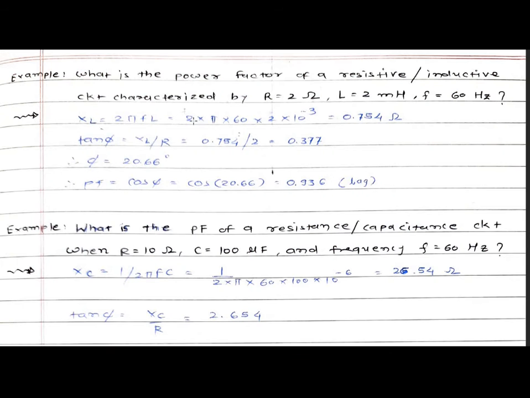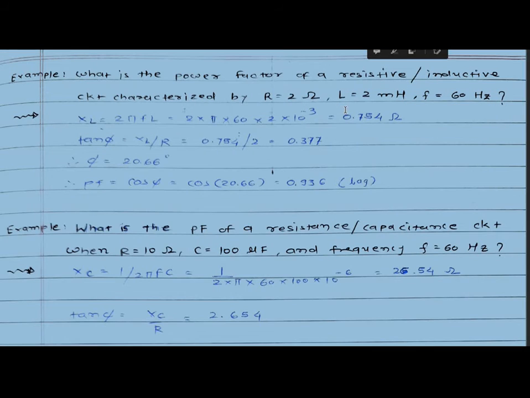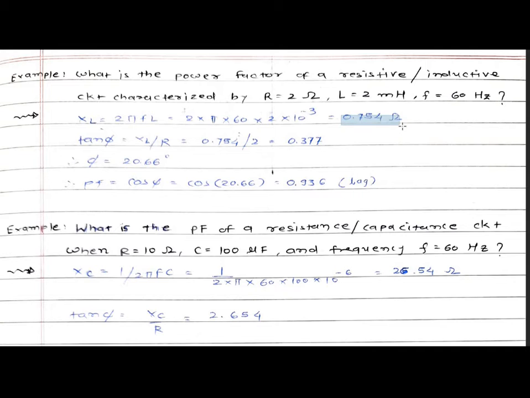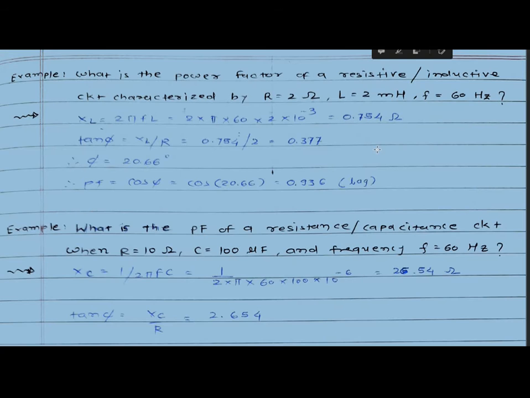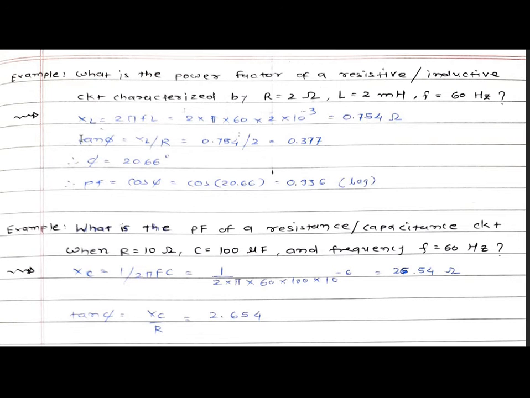Put the values: f is equal to 60, L is equal to 2 millihenry, which means 2 into 10 raised to minus 3. So the inductive reactance is 0.754 ohm.